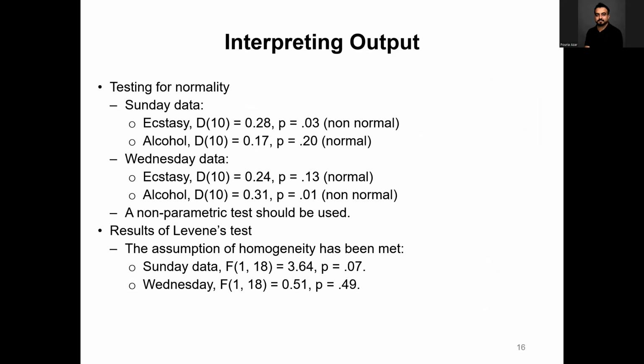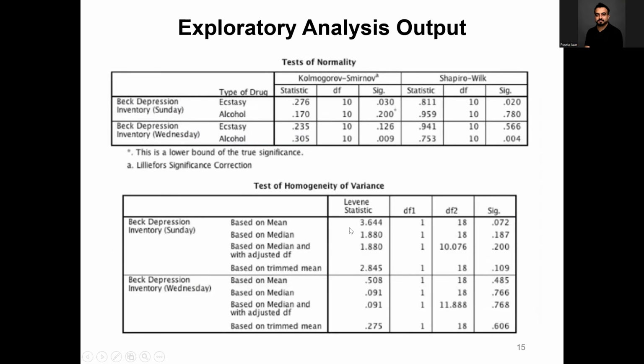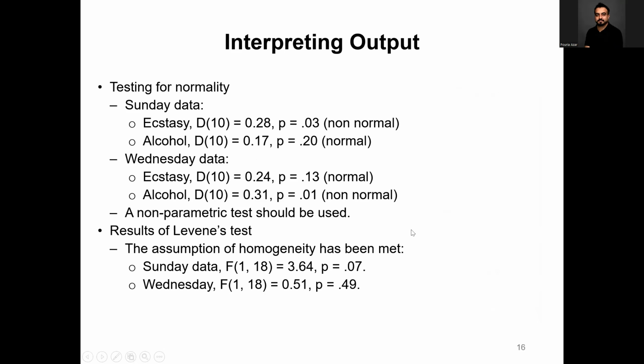Regarding the results of Levene's test, the assumption of homogeneity has been met. Here we look at the one based on median. Based on median, Levene's test is not significant for Sunday and for Wednesday data. So the assumption of homogeneity of variance has been met.